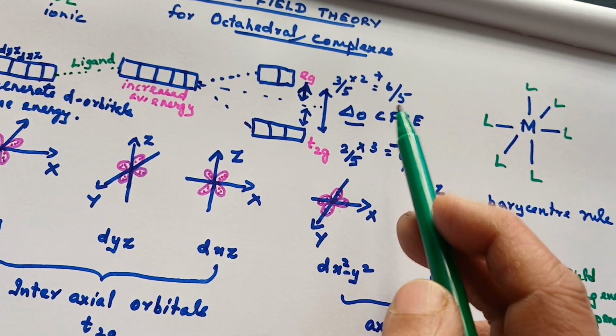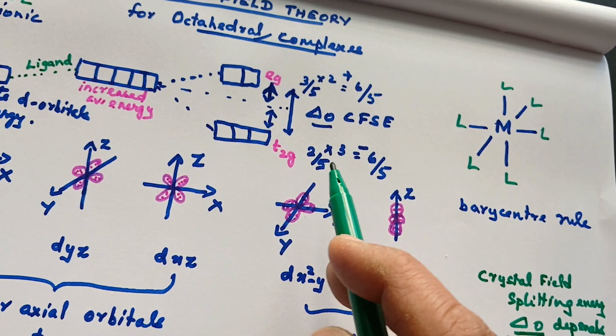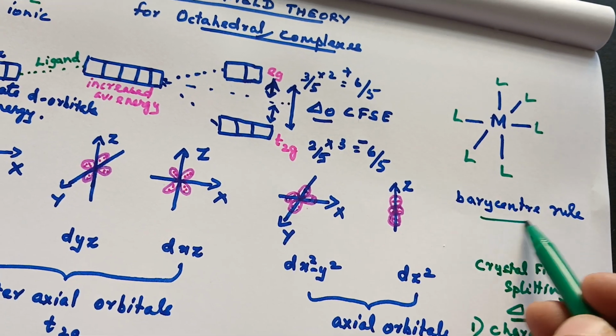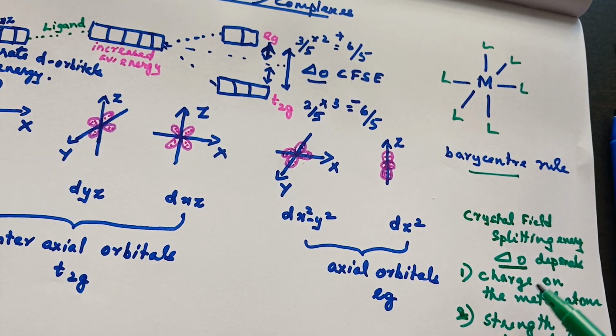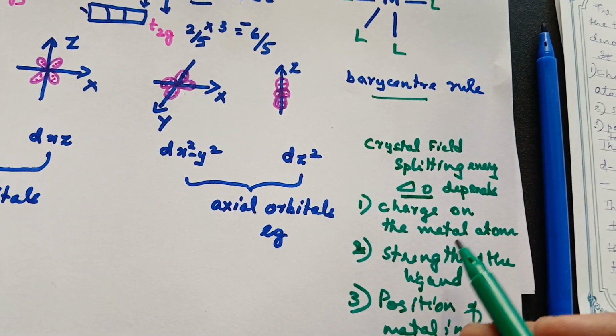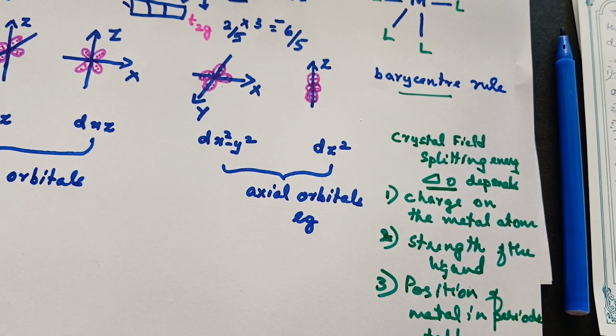So ultimately the average energy has to be constant, according to the barycenter rule. So the crystal field splitting energy delta O depends on the charge on the metal atom, strength of the ligand, and position of the metal in the periodic table.